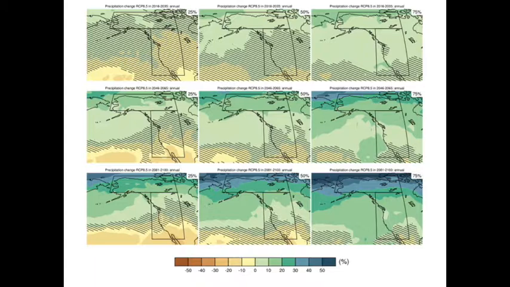So what do you think that, and these are the periods, sorry. This is the first period from 2016 to 2035. This is 2046 to 2065, and this is the last period.